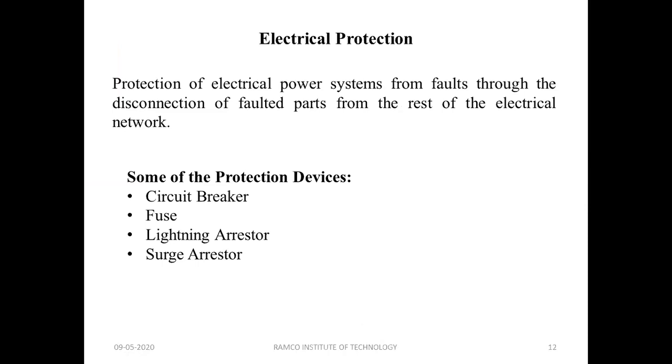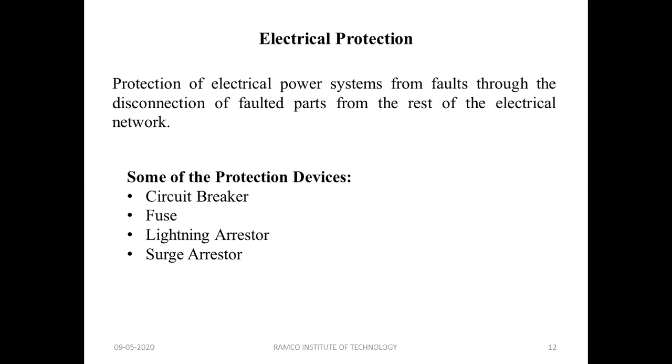Then lightning arrestor. I hope we all know lightning, right? Lightning is a very big source of fault as far as an electrical circuit is concerned. If any lightning falls on your transformer or any post, immediately major accidents may happen. So we need to have a protection system against lightning.